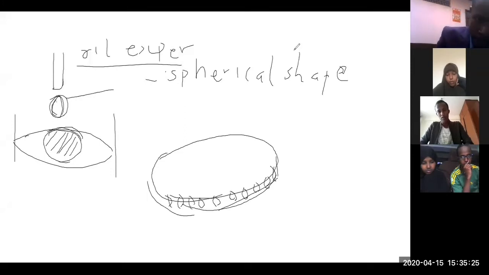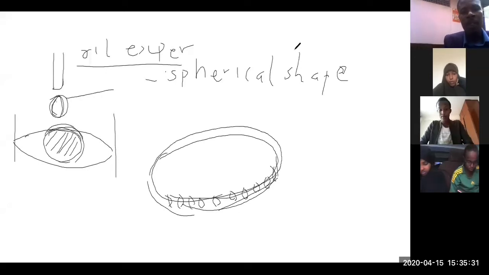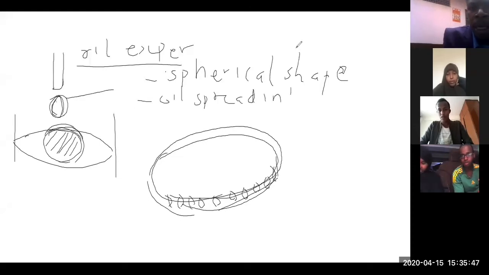Now, again, this patch that it formed here, we also assume that it is a perfect circle. So a second assumption is that the oil spreads into a circular patch.